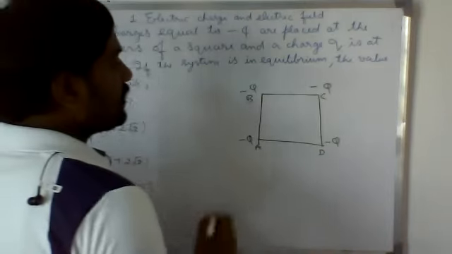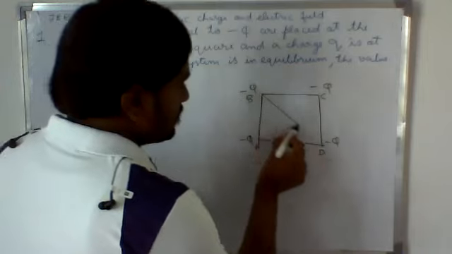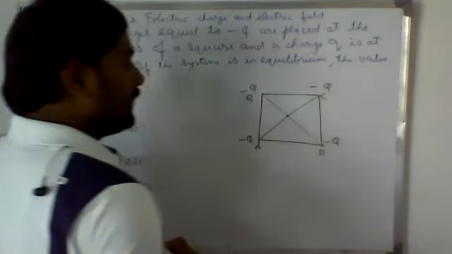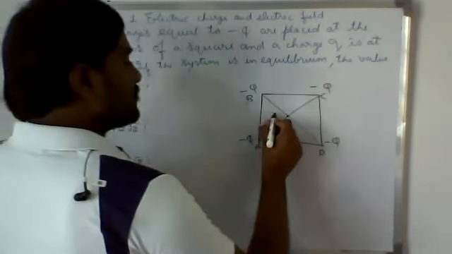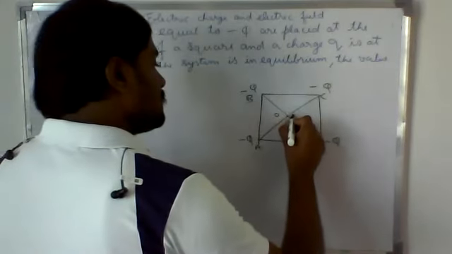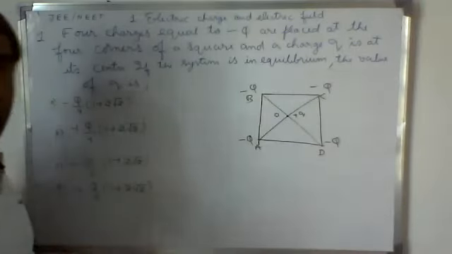And then draw the two diagonals BD and AC. This is the point of intersection of the two diagonals, and this is the center of the square. Now the charge plus small q is placed at the point O.